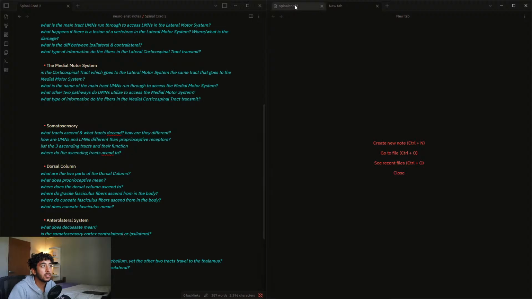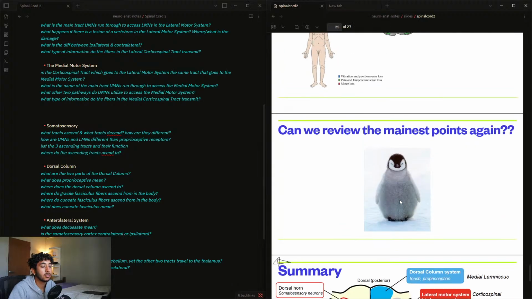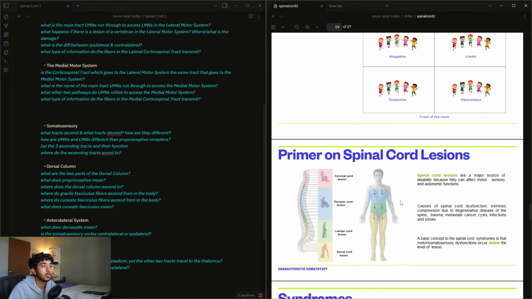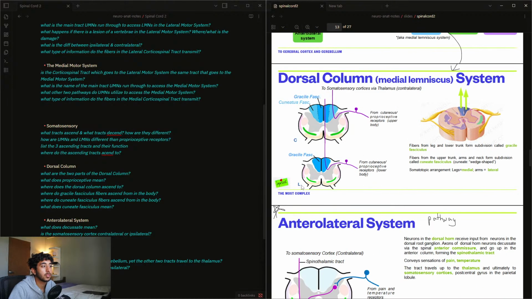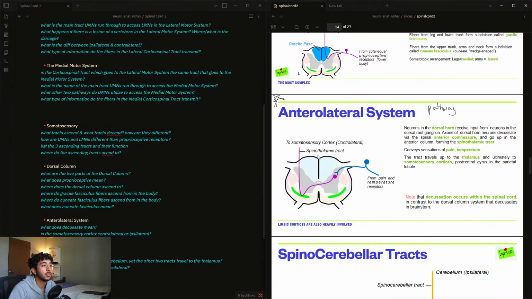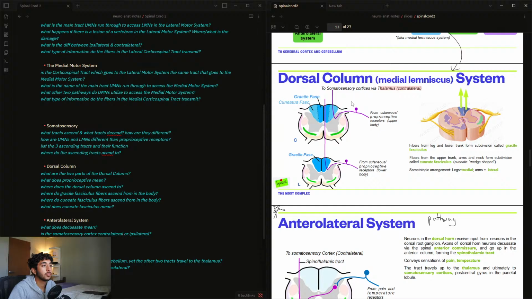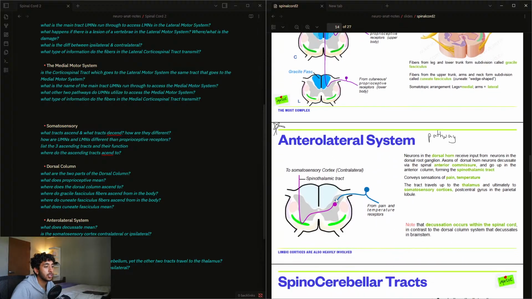Spinothalamic, thalamus. This is also a thalamus. So this is for the thalamus. Spinothalamic, which is for the anterolateral, is also for the thalamus, right?